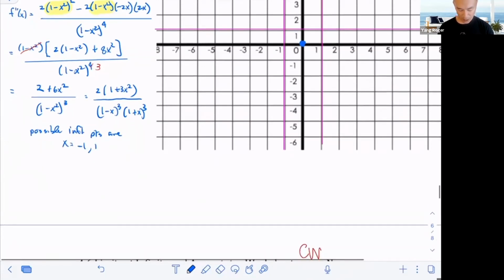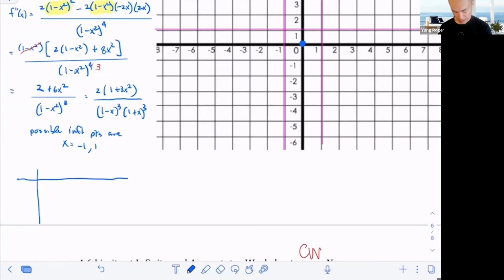Okay. So we are going to create our little table again. On one term, we're going to have (1 minus x) cubed, (1 plus x) cubed, and then 2 times (1 plus 3x squared).